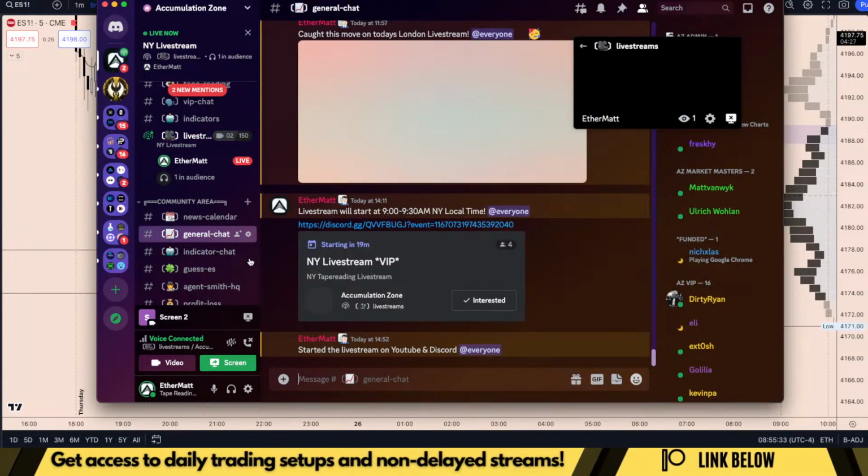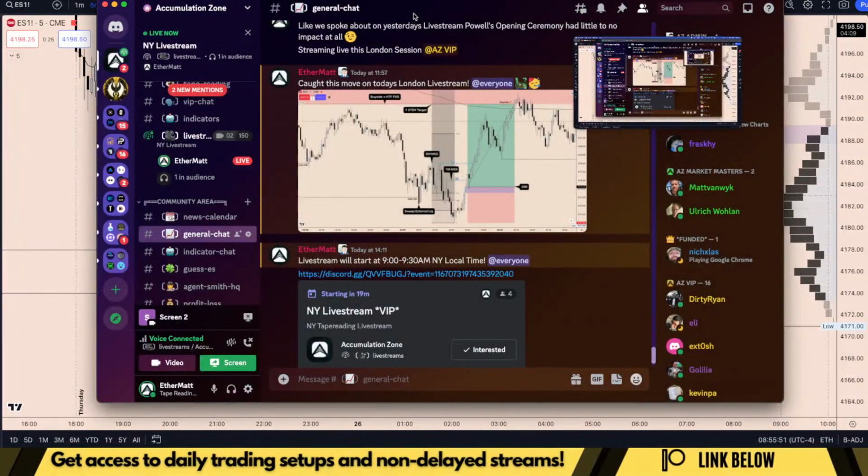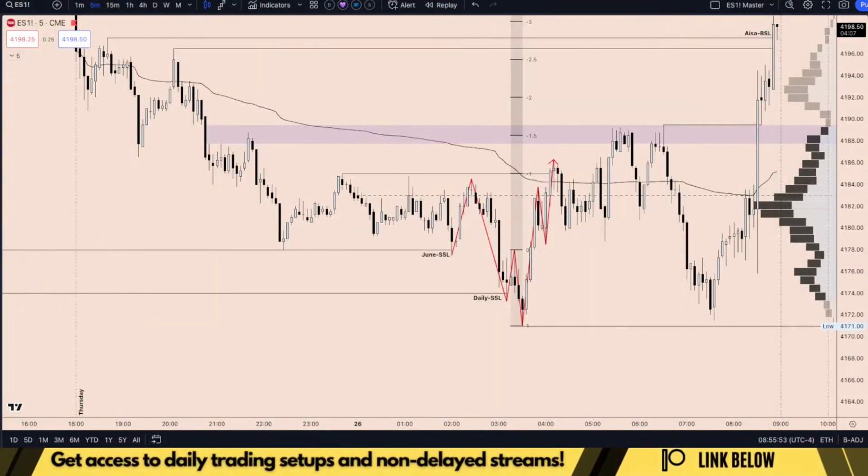Should be in here. Right here, sweep external liquidity. That's the 1-minute time frame now, 5-minute market structure shift, 1-minute market structure shift. Then we use this fair value gap to get in and took profit at the buy side liquidity pool. So that played out really well this morning.